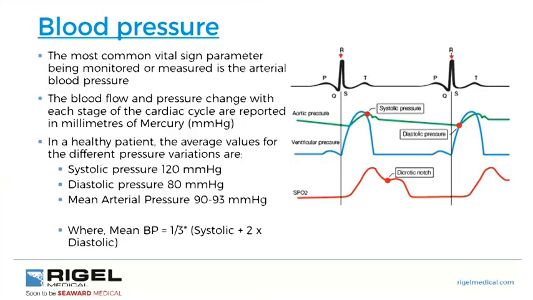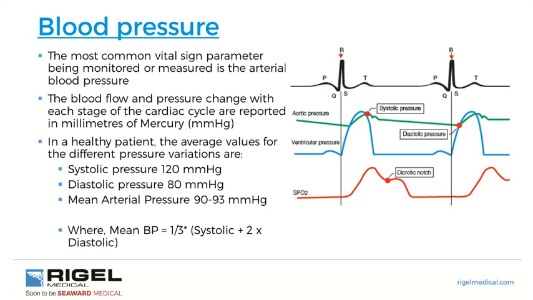So blood pressure. Blood pressure, the most common vital sign parameter being monitored or measured, is the arterial blood pressure. So blood flow and pressure change with each stage of the cardiac cycle and are reported in millimeters of mercury.